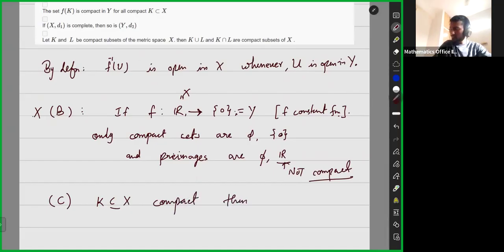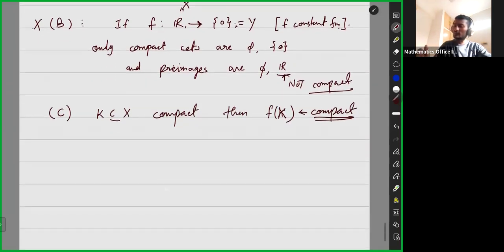Then f(K) is also compact. How will we go about proving something like this? We'll take an open cover of f(K), right? Because f(K) is covered by that open cover.